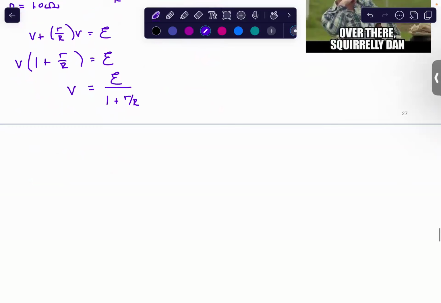From here, I'm going to have 1 plus 2.0 over 1.0, my EMF, 12 volts. So my new terminal voltage becomes 4 volts once current starts flowing.